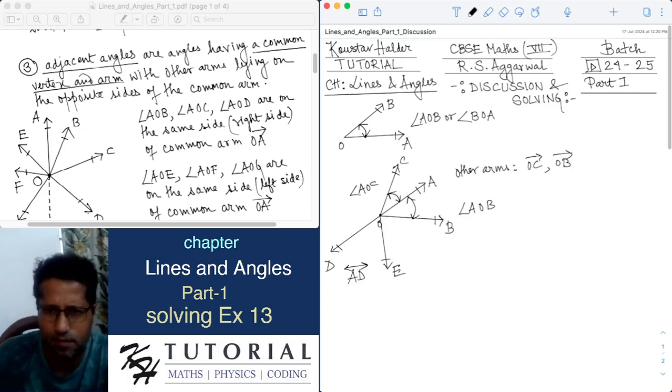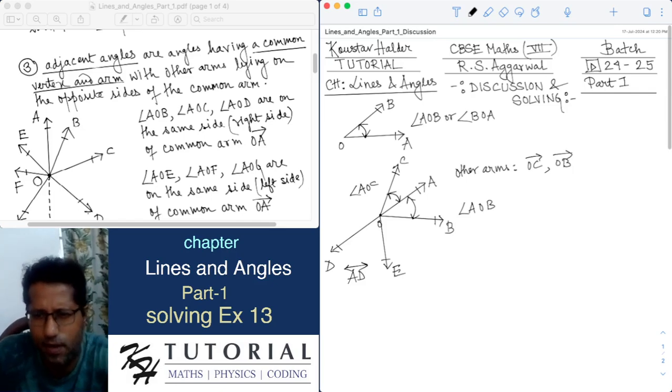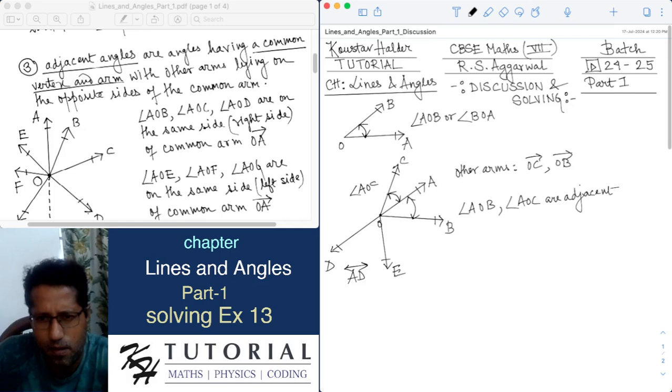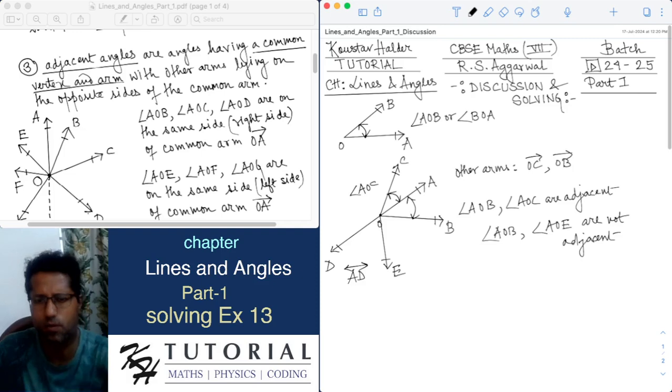So angle AOB and angle AOC are adjacent, but angle AOB and angle AOE are not adjacent because they lie on the same side of the common arm OA.